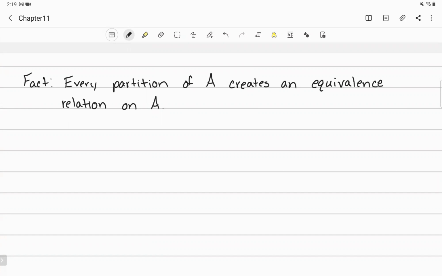All right, so what do I mean by that? Here, let's say my partition is a set of P's. I could have three things in the partition, or I could have infinitely many things in the partition.